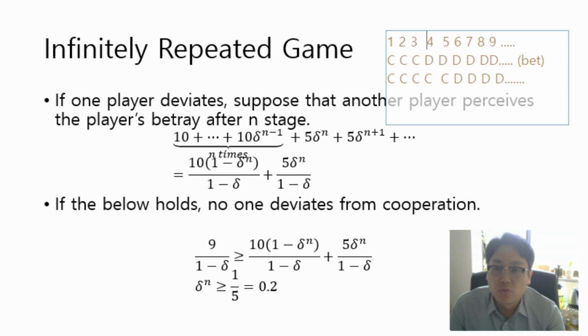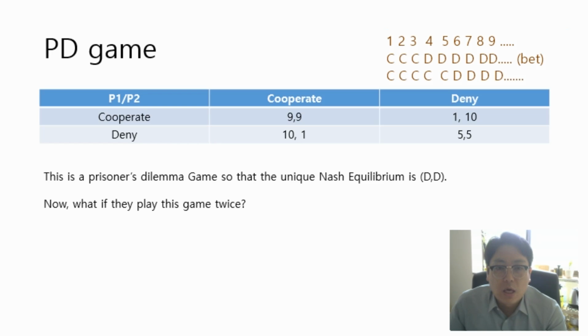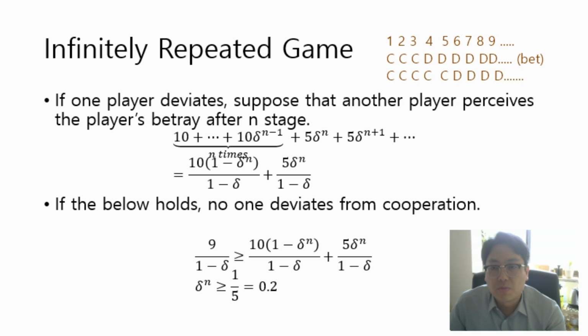So they would think of this stage as a first stage. In this first stage, the betraying player will get 10 because it betrayed. Look at this. If one guy is playing cooperate and the other guy is betraying and denying, then that player will get 10, right? So from this first stage, this player will get 10.